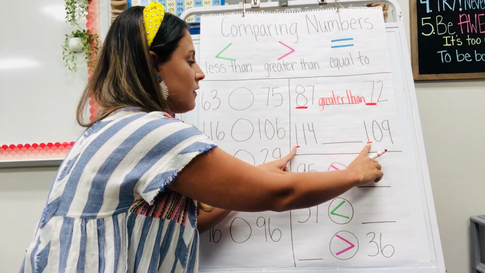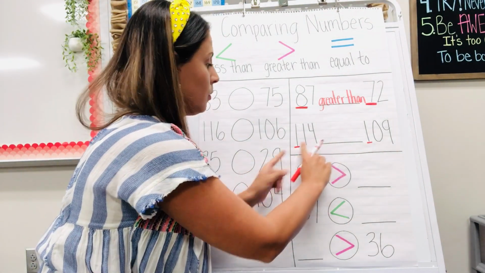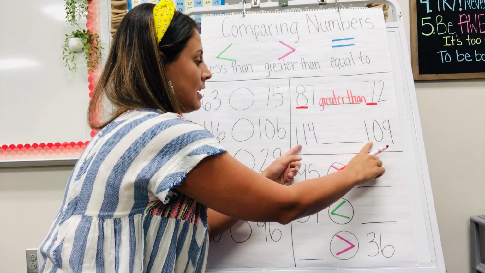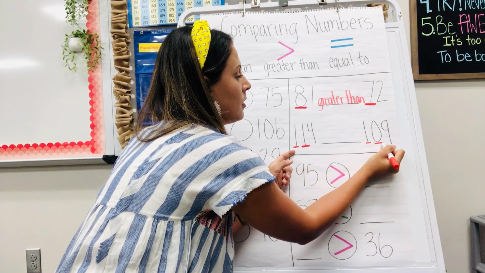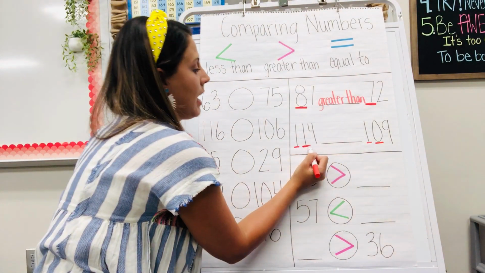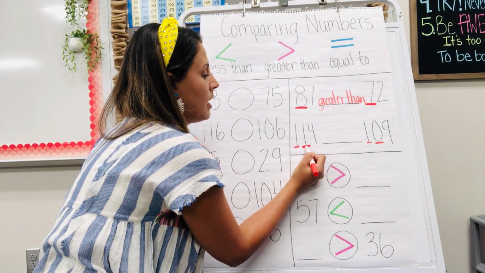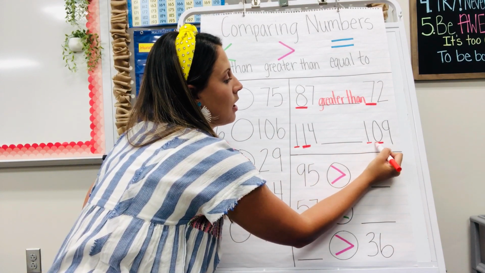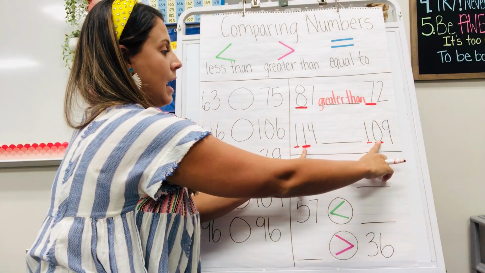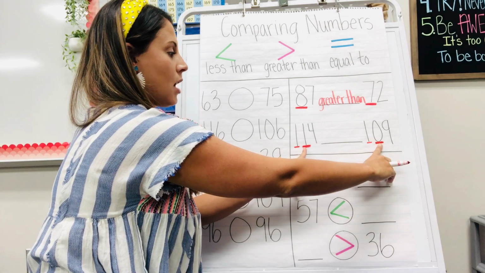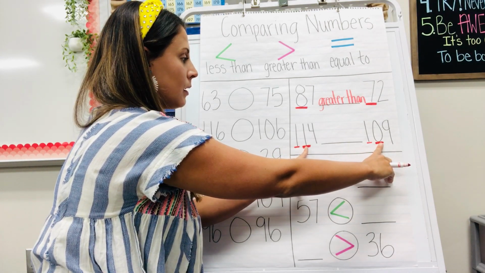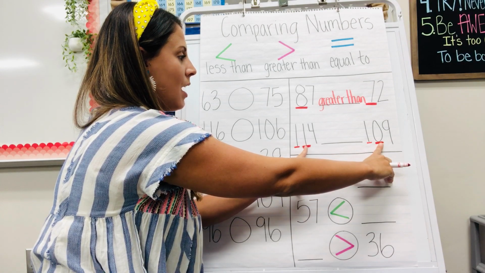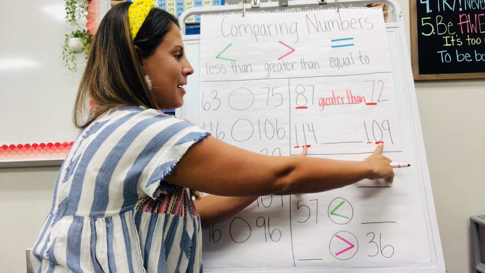If the first place value numbers are the same, which they are, a 1 and a 1, I need to look at my second place value, which is the tens place. So I'm now looking at my 1 and my 0. So I'm going to compare that. Which one is greater, the 1 or the 0? The 1 is greater. Good job.